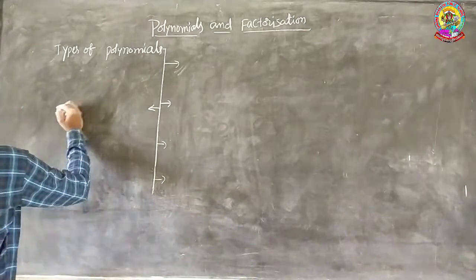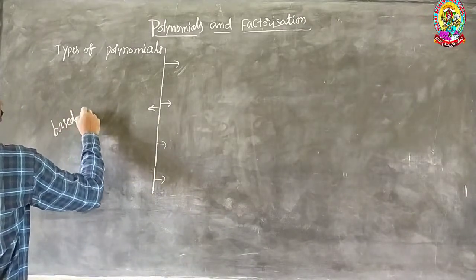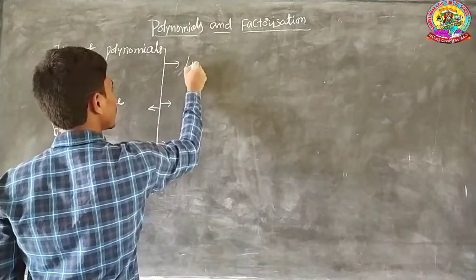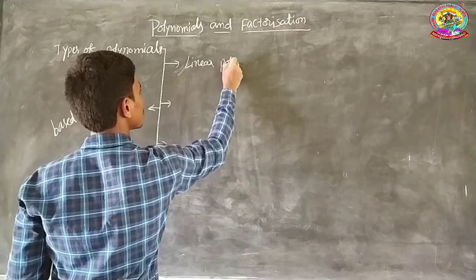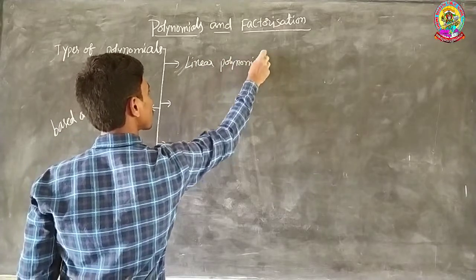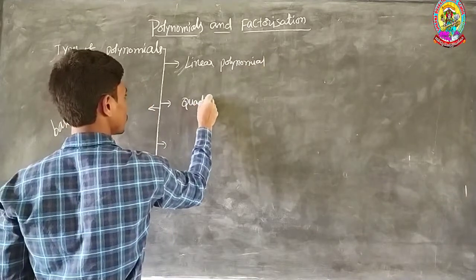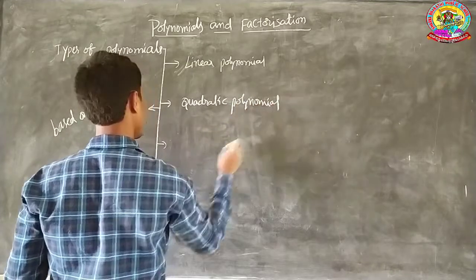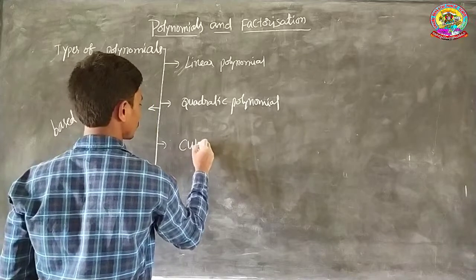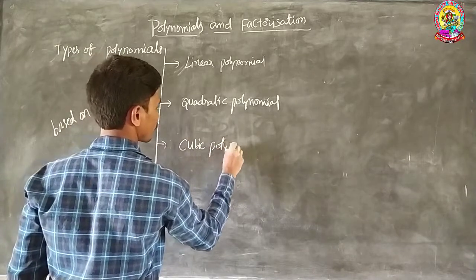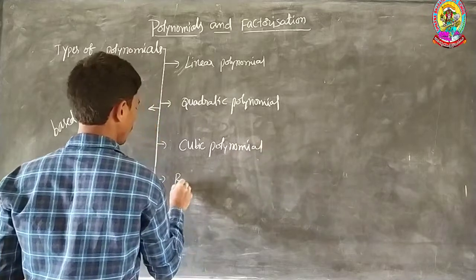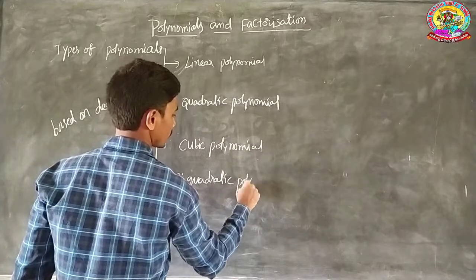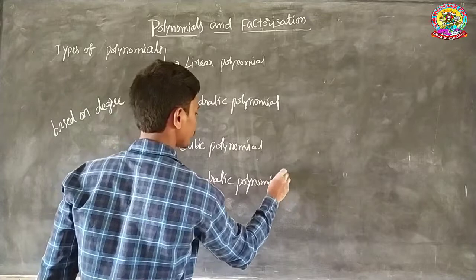Types of polynomials based on degree: linear polynomial, quadratic polynomial, cubic polynomial, biquadratic polynomial, and so on.